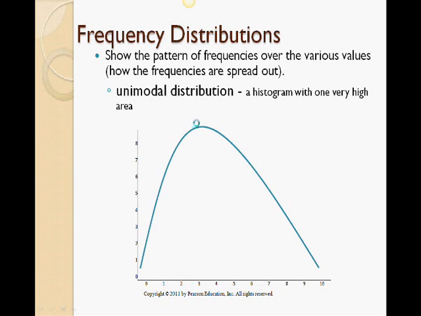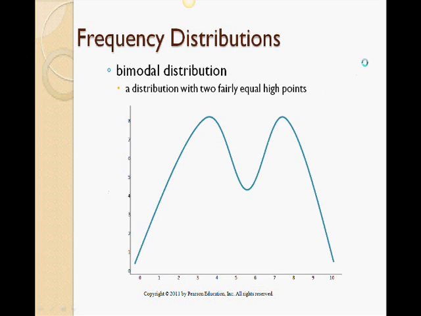A bimodal distribution is where you have 2 fairly equal high points. So for example, it looks like our frequencies for 3 and 8 are both high. And then multimodal is when you have 2 or more high points.